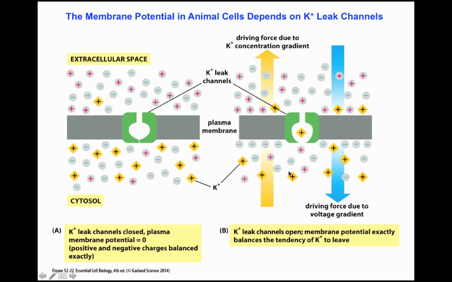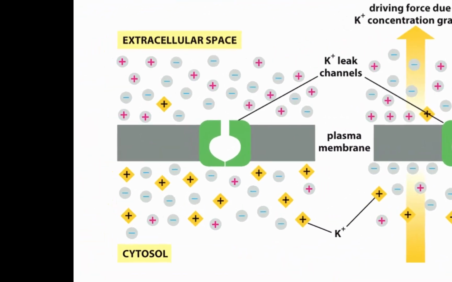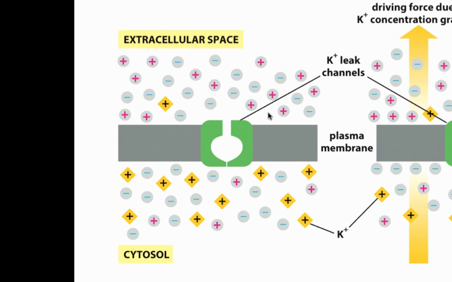Now, in an animal cell, the membrane potential is established by potassium, and more importantly, by the leaky channels that allow potassium to leave the cell. So here on the left, in part A, we have the leaky potassium channels. This is a channel that opens and closes on its own, so it allows for the flux of potassium ions across the membrane.